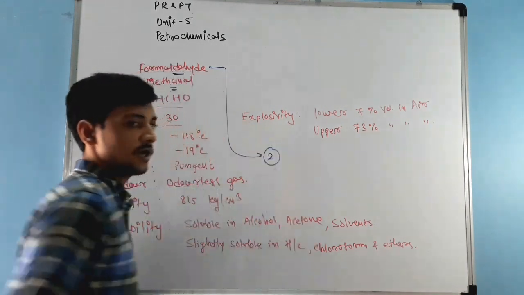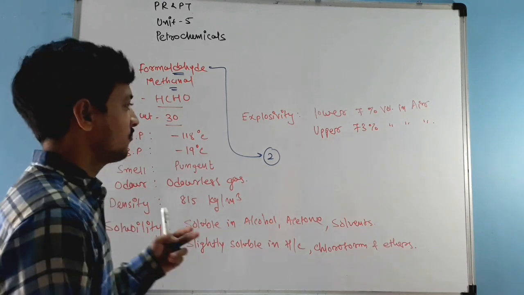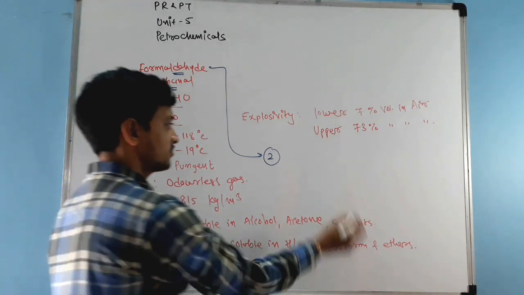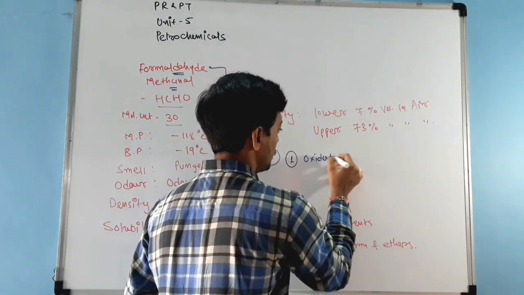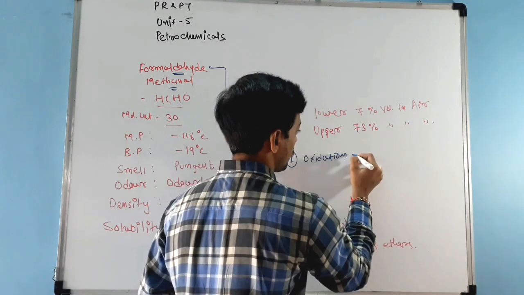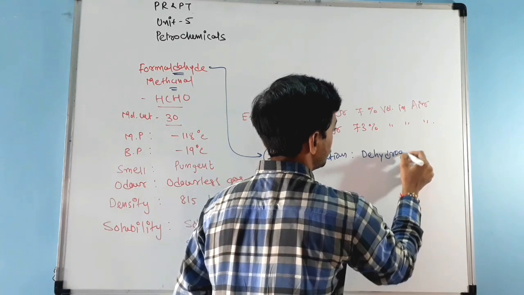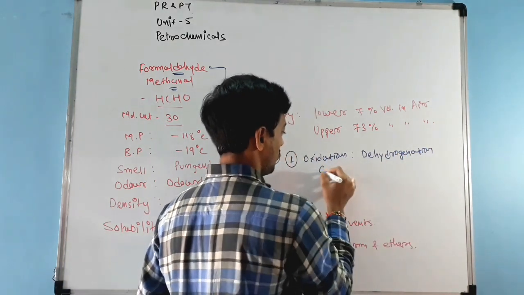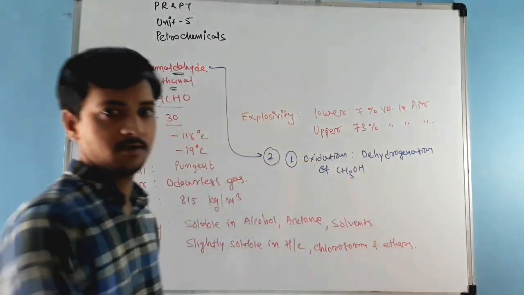Two methods are used to produce formaldehyde. First one is oxidation, and it is called dehydrogenation of methanol.